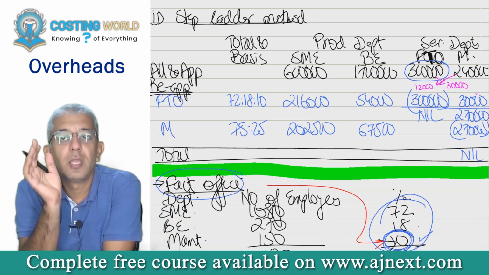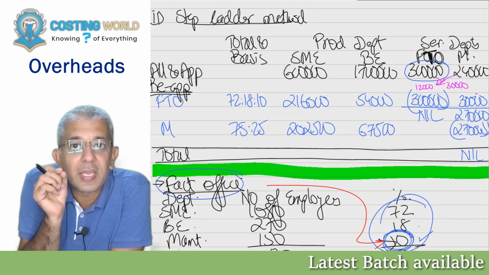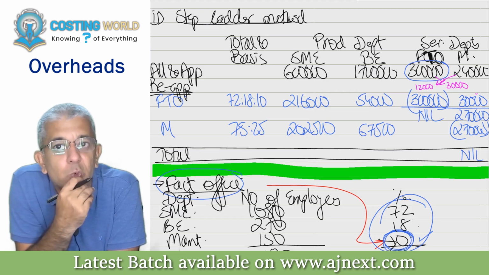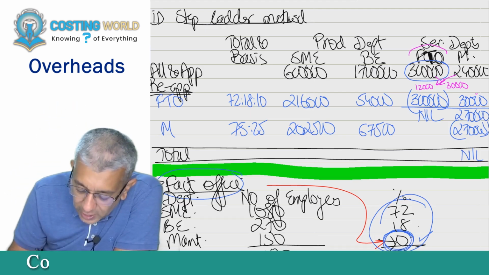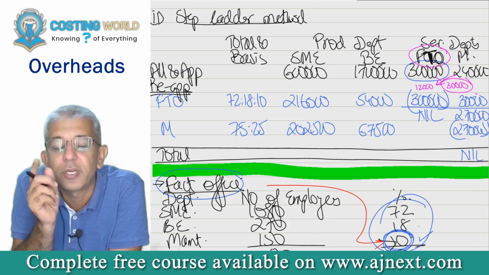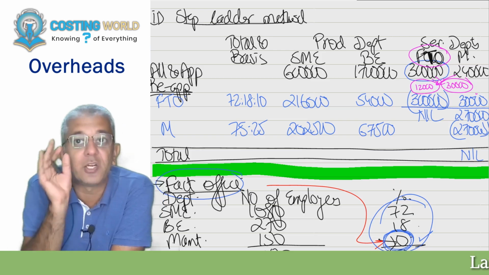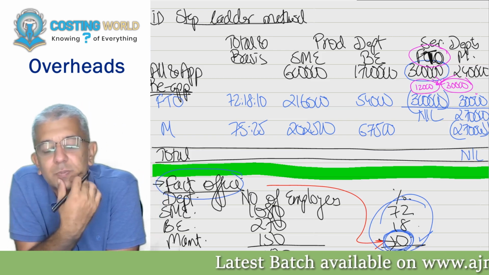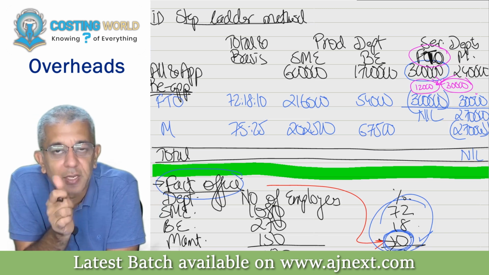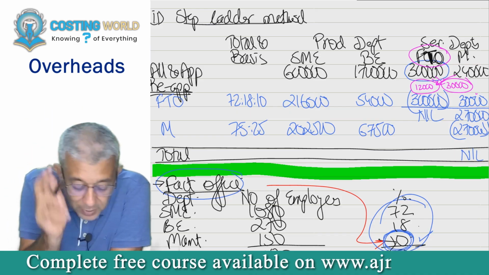Now, in this case, ranks by percentages and rupees are same in this particular question. Factory office gives the services of 30,000 rupees to the maintenance, whereas maintenance serves factory office to the extent of rupees 12,000 of services.